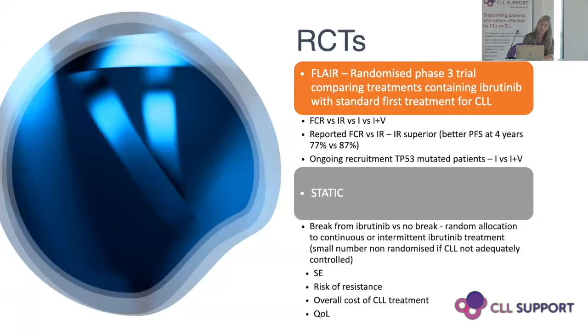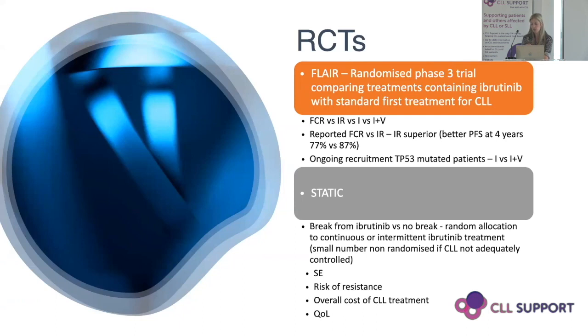So relating this back to CLL, a trial that some of you may well have been involved in is the Flair trial, which is still recruiting in one of the arms. This is a randomized phase 3 trial where we're comparing FCR chemotherapy with ibrutinib-based therapy: ibrutinib rituximab, ibrutinib, or ibrutinib venetoclax.